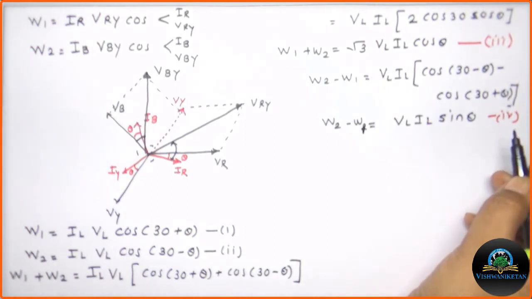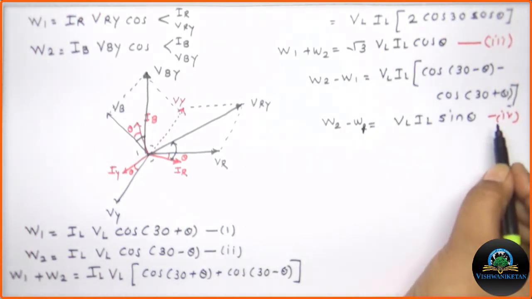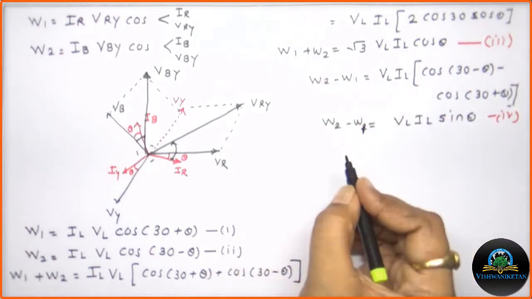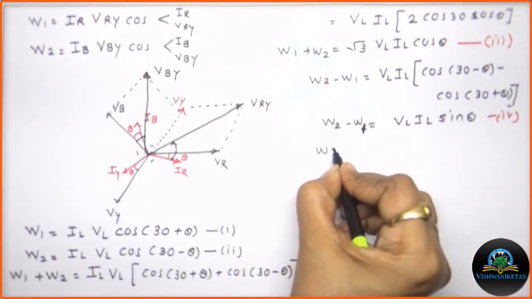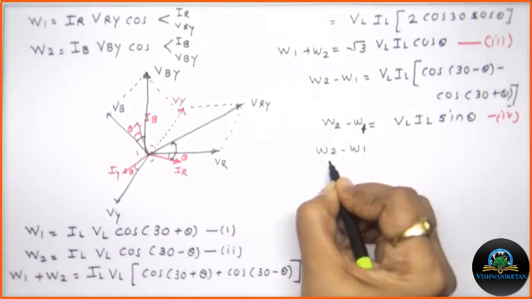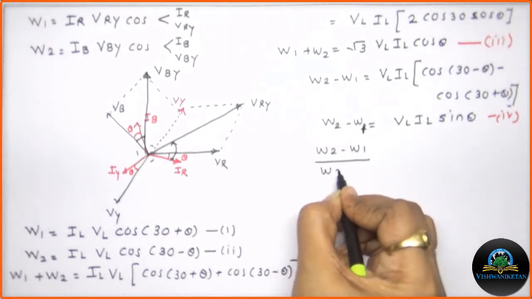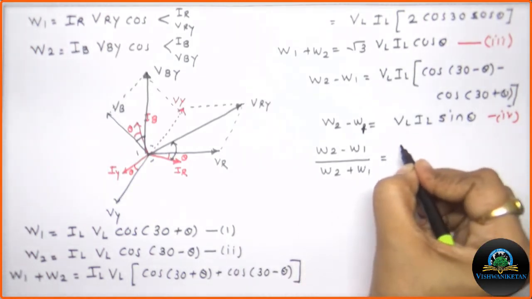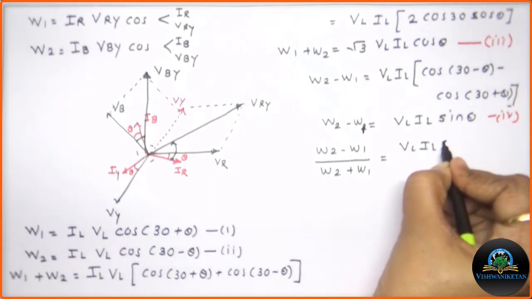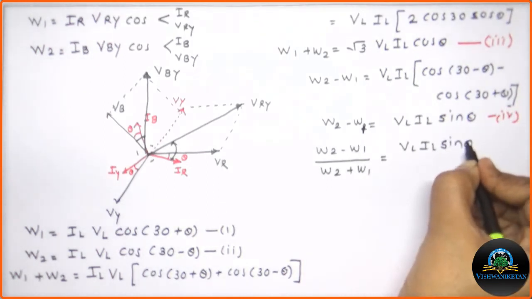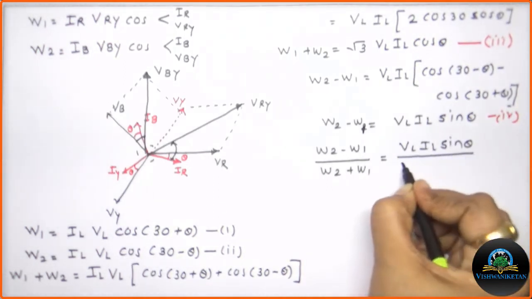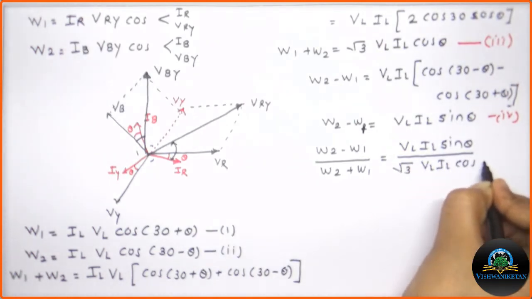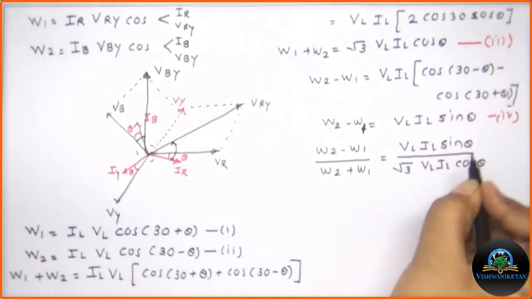If I take the ratio of equation number 4 to equation number 3, on the left hand side it will be W2 minus W1 upon W2 plus W1, which is equal to VL IL sine theta upon root 3 VL IL cos theta on the right hand side.